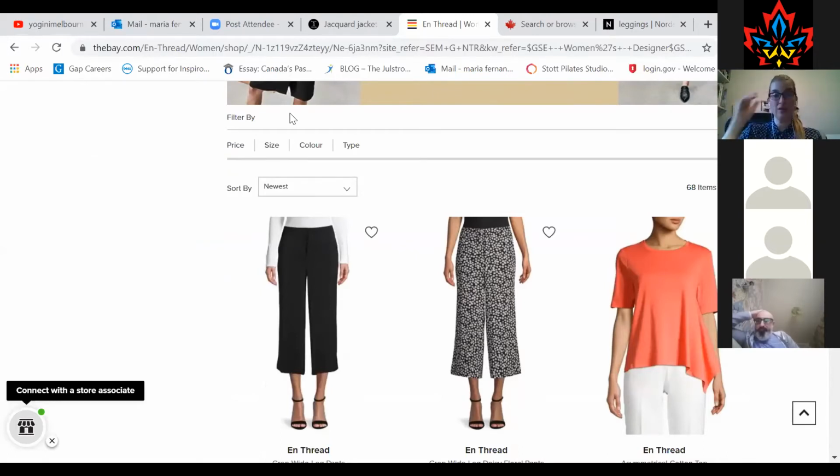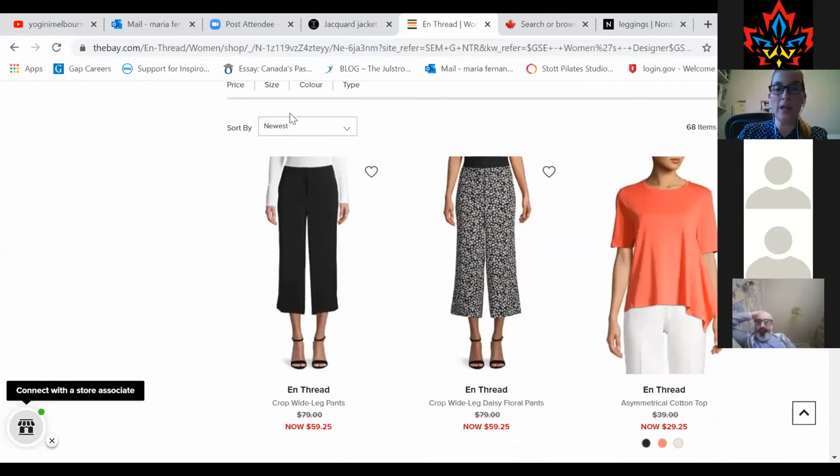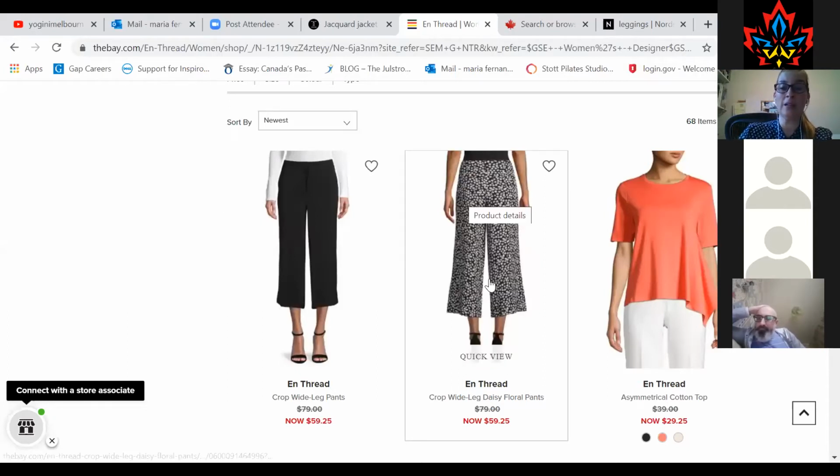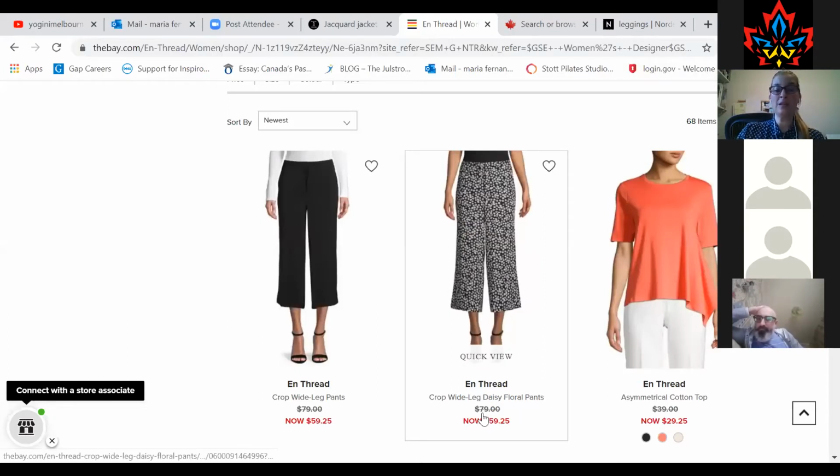So we're focusing on this company and we say, okay, this is a private label and it's $59, this crop white leg. See, from 79 to 59. Let's see, $79. 79 divided by 5 equals $15.80. So basically $16 is what they buy for.